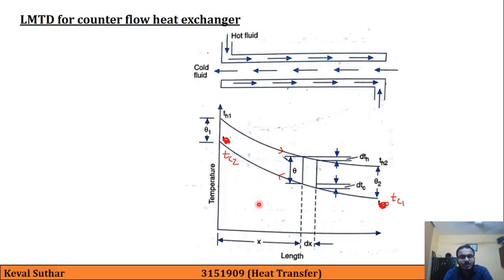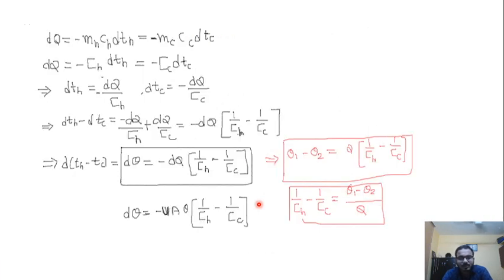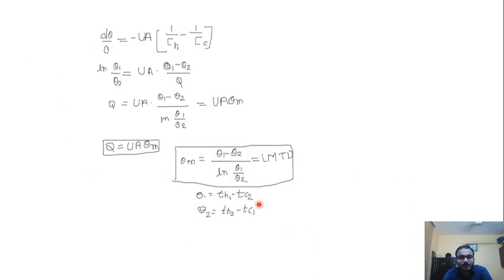The next was LMTD for counter flow heat exchanger. Similarly, we derived it for counter flow. The formula remains the same, but the only difference is the value of theta 1 and theta 2.